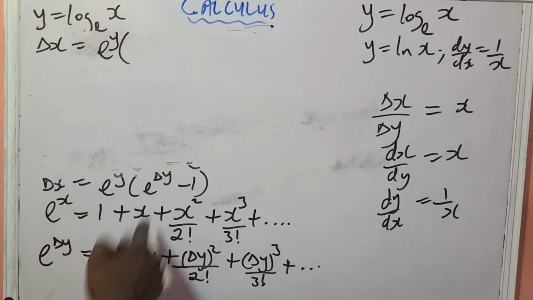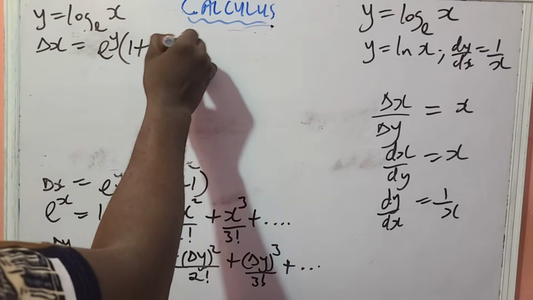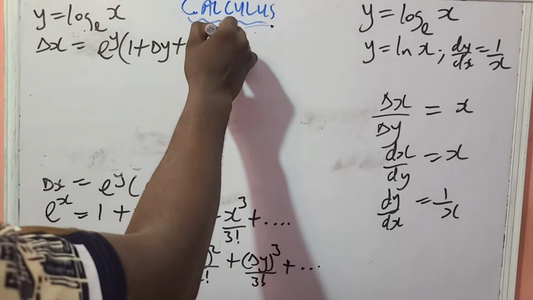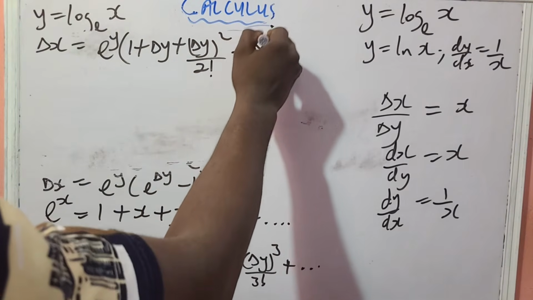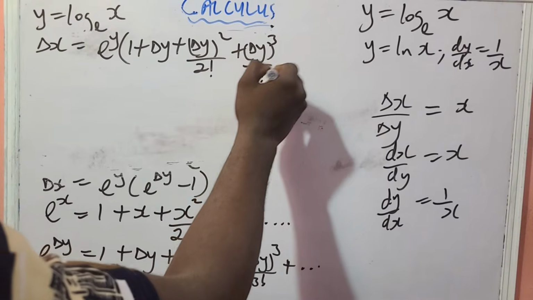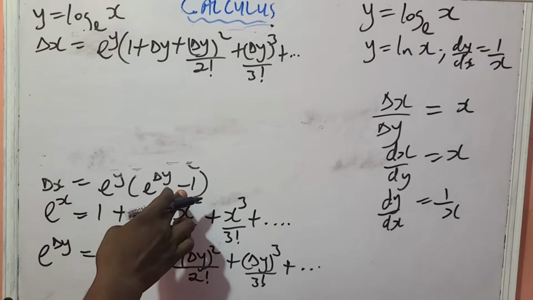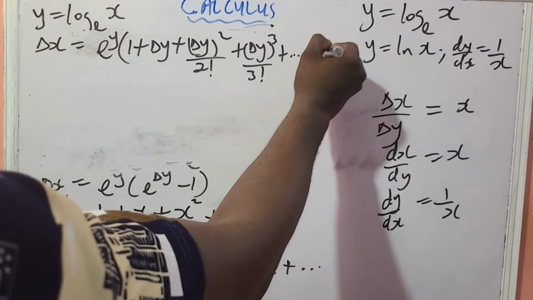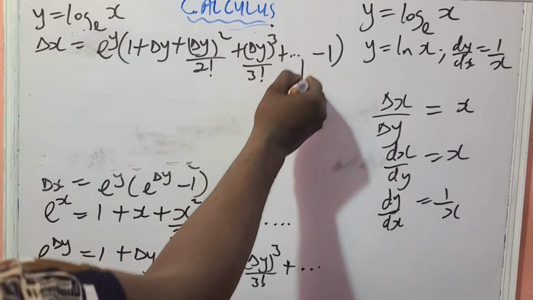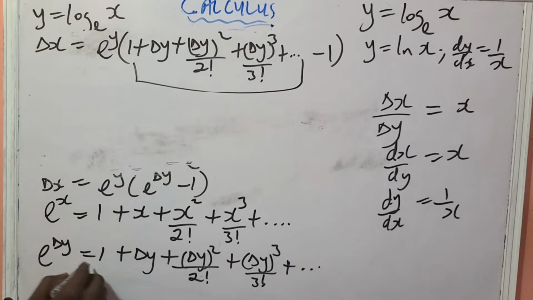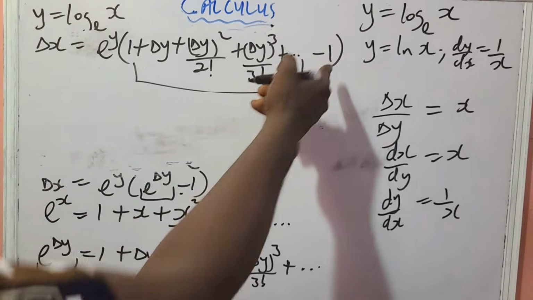Then you put in all these things here now: 1 plus change in y plus change in y all square over 2 factorial plus change in y all cube over 3 factorial plus dot dot dot on and on. Then don't forget there is something here, minus 1. After you are done with this, there's still a minus 1 here. Don't forget, because all you have here is just the expression for e raised to power change in y, this one. So there's still a minus 1 which you have to put here.